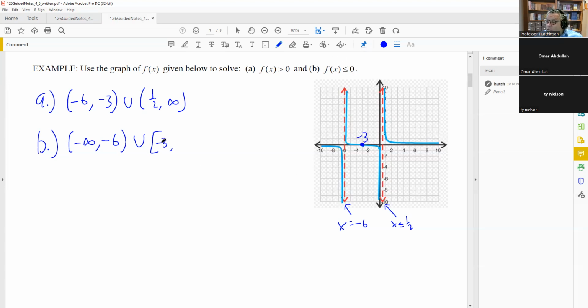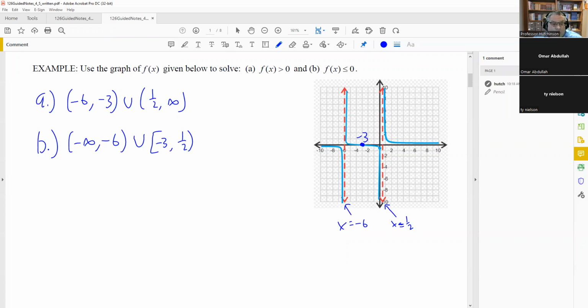All right, so I have -3, and that's going to go up to 1/2. And again, I don't want to put a bracket on the 1/2 because that's where I have some division by 0 going on there again. So anytime you got these dotted lines, you're not able to actually include that at all with it.